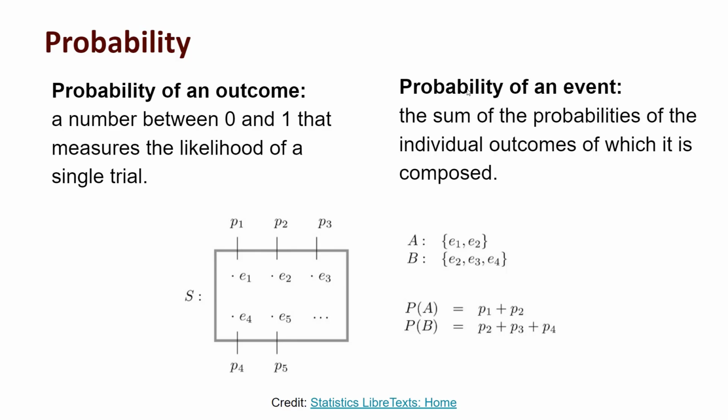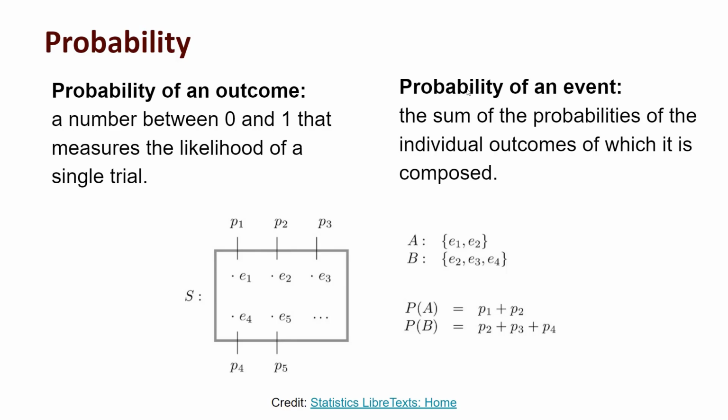Another probability is the probability of an event. As we talked about previously, an event is a combination of multiple possible cases. Depending on how you describe the event, the event could simply be a subset of the whole sample space.